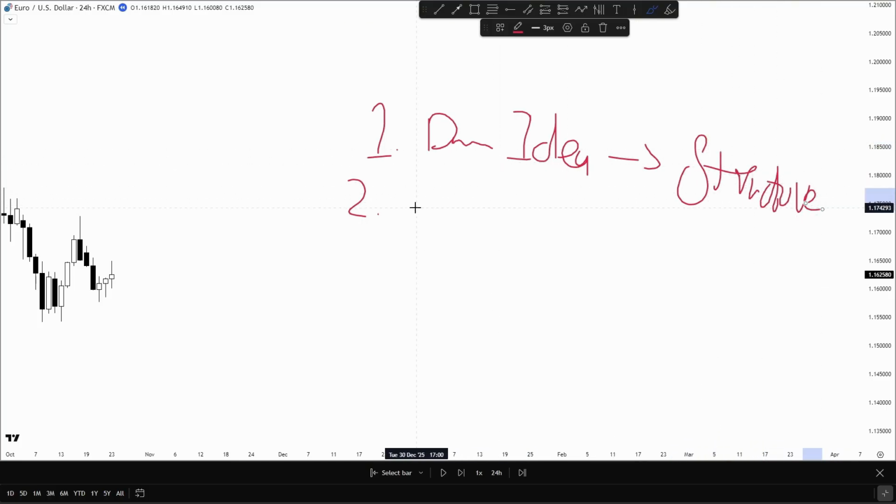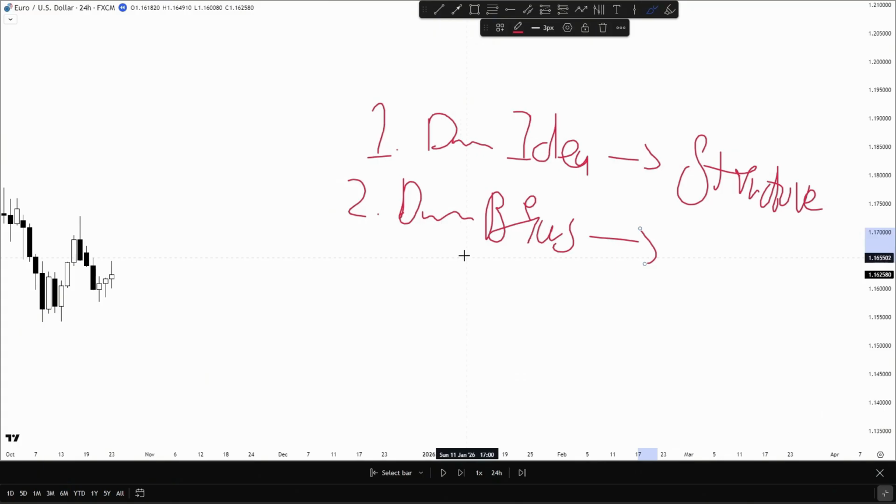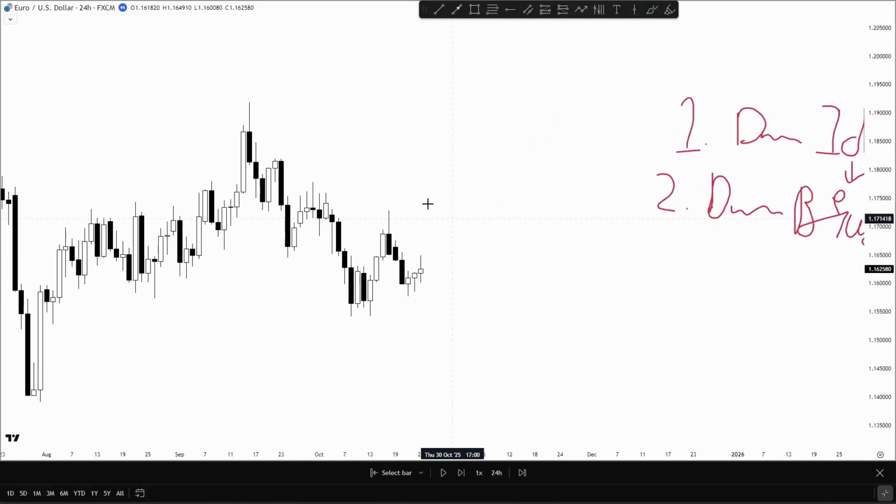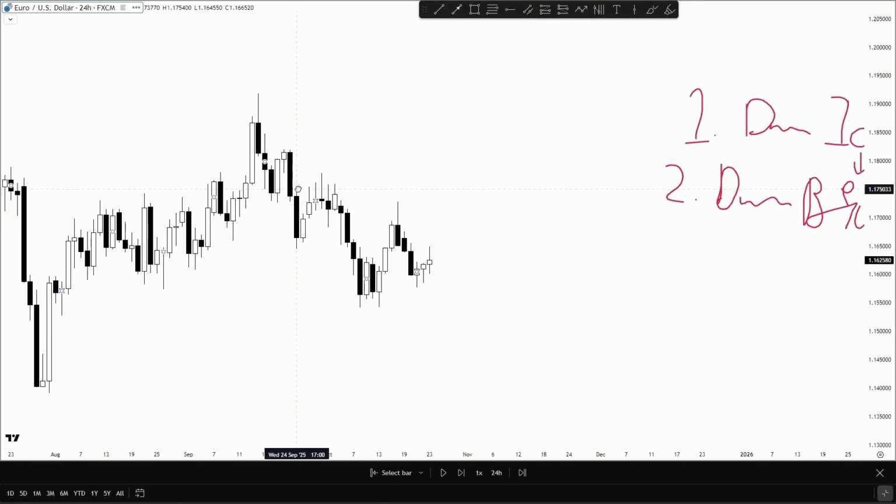And then the second step is building a directional bias from that idea through the concepts within the narrative component. Okay, the first step is building a directional idea, and then the next step is to establish a bias from that idea using the concepts within this component. Okay, so let's see how I did that.